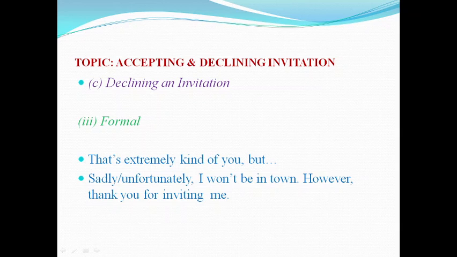In today's lecture, we have discussed how to accept invitations formally, informally, and in a neutral way, and again how to decline invitations informally, formally, and in a neutral way.